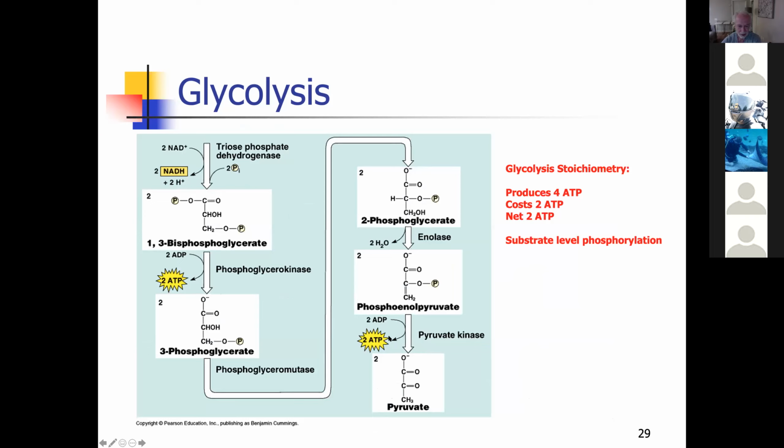And over here again, at the next to the last step, just before pyruvate, you get another 2 ATPs. So the stoichiometry of it: glycolysis produces 4 ATPs. It costs 2. So the net is 2. And they all occur at the level of substrate phosphorylation.